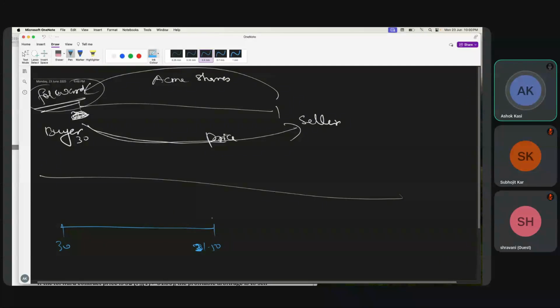So finally, you are reaching 31.50. That is case 1, the cash market. Case 2 is that today you enter into your forward contract.